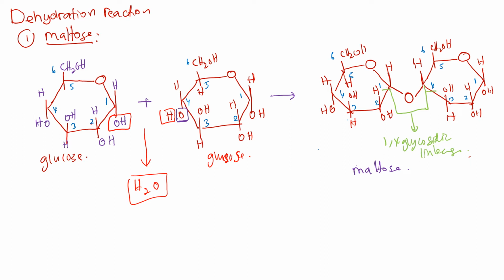To be more specific, you can also write alpha 1,4 glycosidic linkage because it forms between alpha glucose monomers. So this is how you draw the reaction that forms maltose through the dehydration reaction.